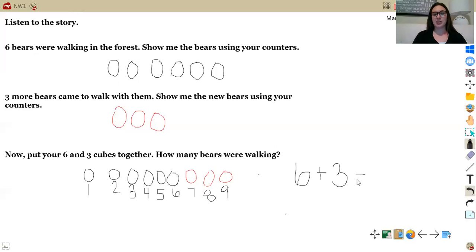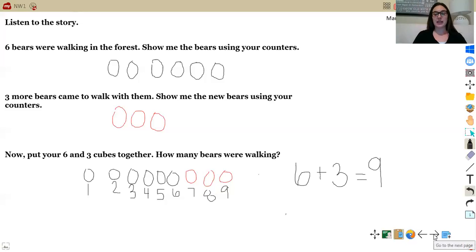And then I'm going to put my equal sign, 9. So this tells me that 6 plus 3 equals 9, or 6 and 3 is 9. 6 plus 3 more equals 9.